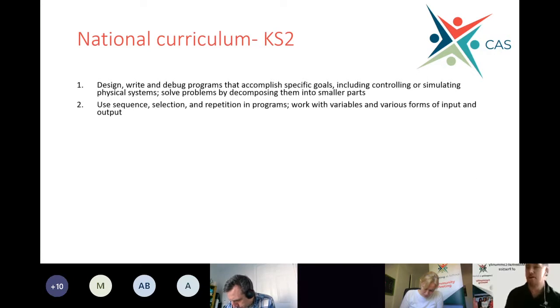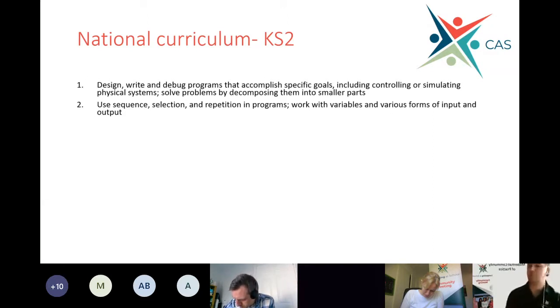Then there are more complex programs, with sequence, selection and repetition, and using those more advanced constructs, storing data in your program using variables, and using input and output.